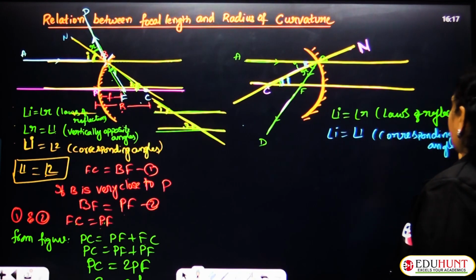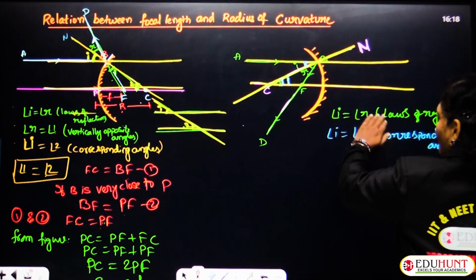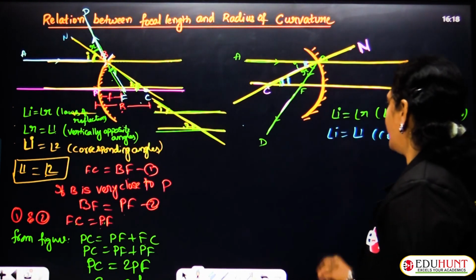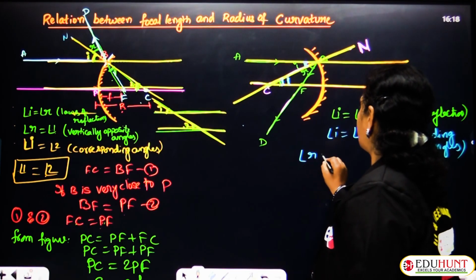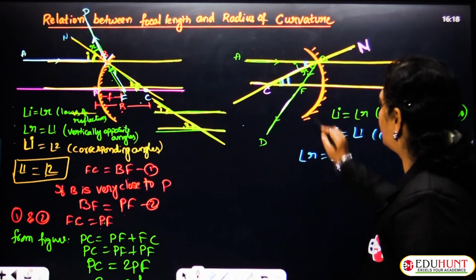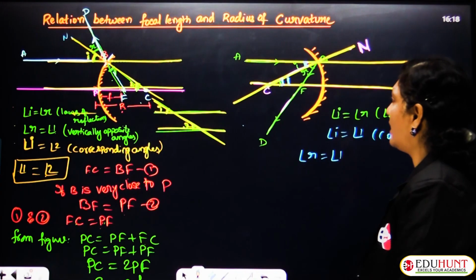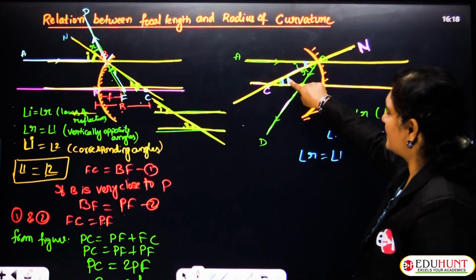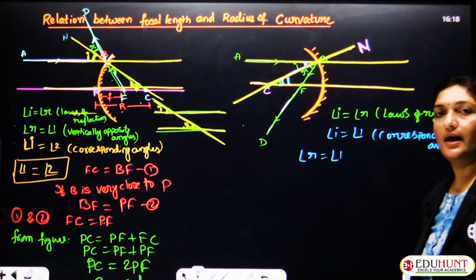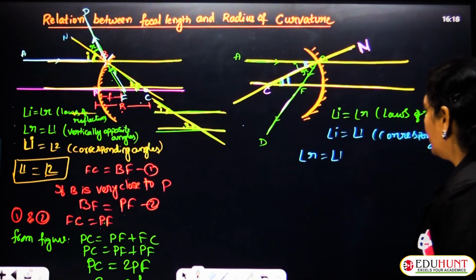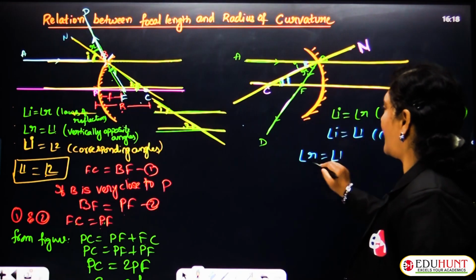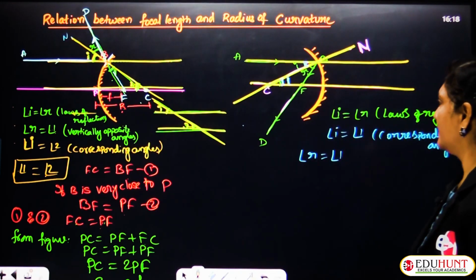So from the two relations, since I is equal to R and I is also equal to 1, we can conclude that angle R is equal to angle 1. So in this triangle, we observed that two angles, 1 and R, are equal. If two angles are equal, then the opposite sides of those angles are also equal.